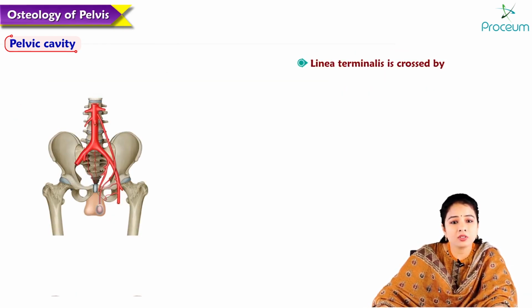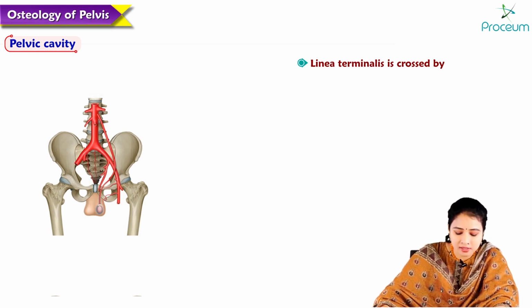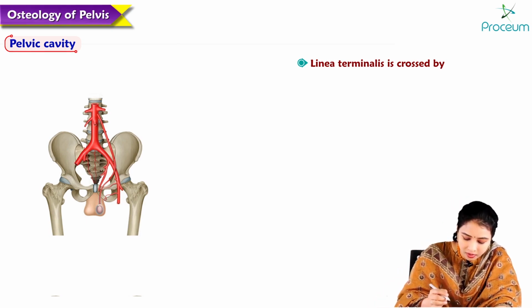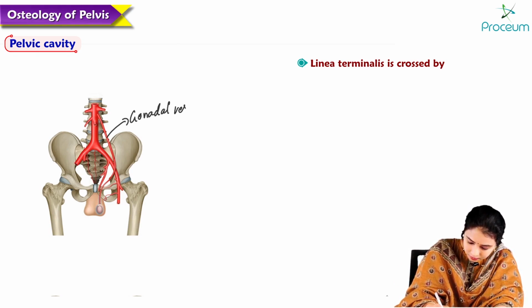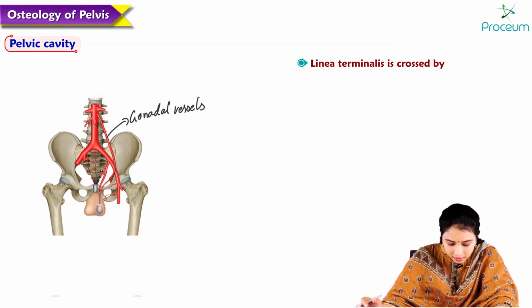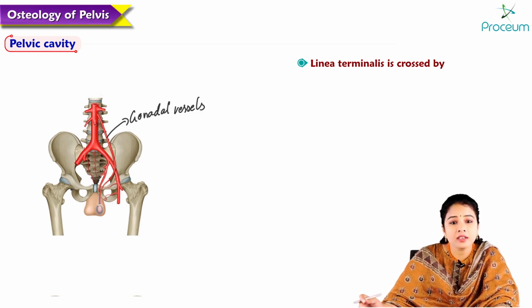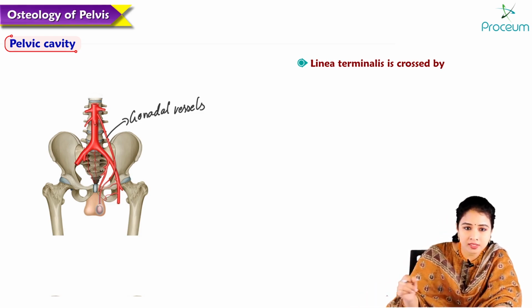The linea terminalis is crossed by the ureter, gonadal vessels, medial sacral vessels and iliolumbar vessels. So here in this image we can see the gonadal vessels, and it is also crossed by the iliolumbar vessels.